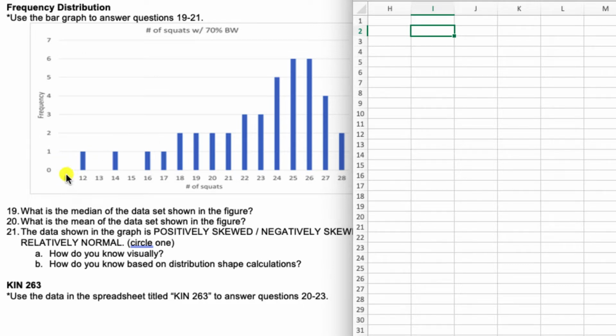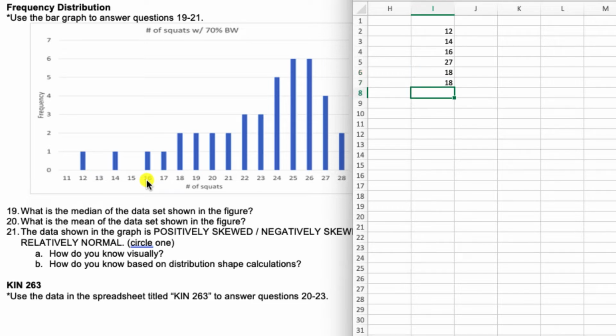So if we go from squat number to squat number, we have 0 occurrences of 11, 1 occurrence of 12, 0 of 13, 1 of 14, 0 of 15, 1 of 16 and 17.